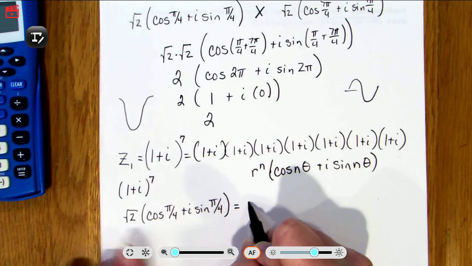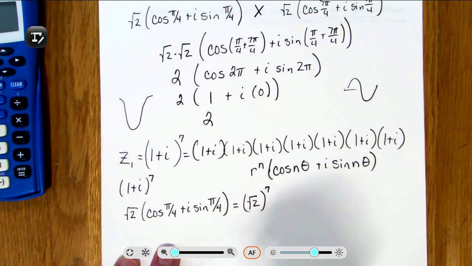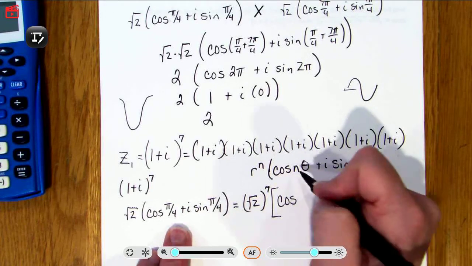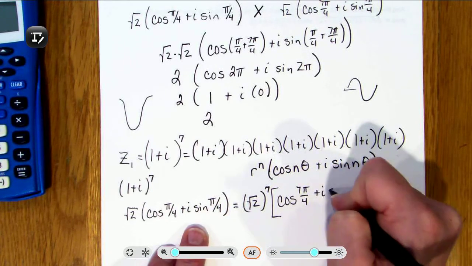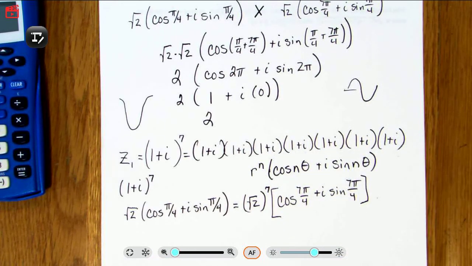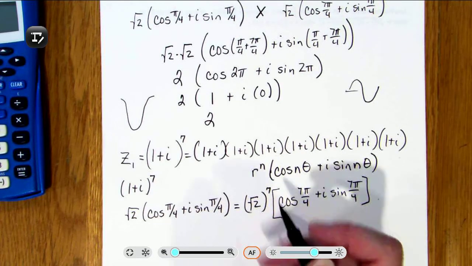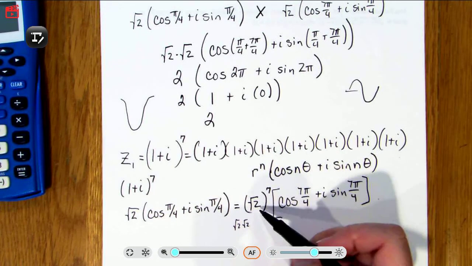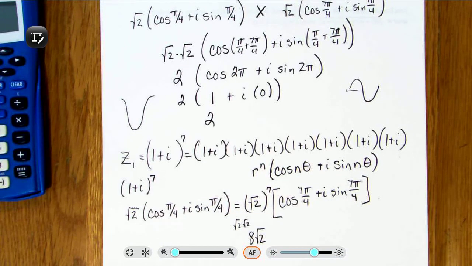So I'm going to have the square root of 2 raised to the 7th, then multiply it by the cosine of, my n is 7, so 7 pi over 4 plus i sine 7 pi over 4. The square root of 2 to the 7th is square root of 2, square root of 2, which is 2. So there will be 3 twos, which is 8. So that's going to give me 8 square root of 2.